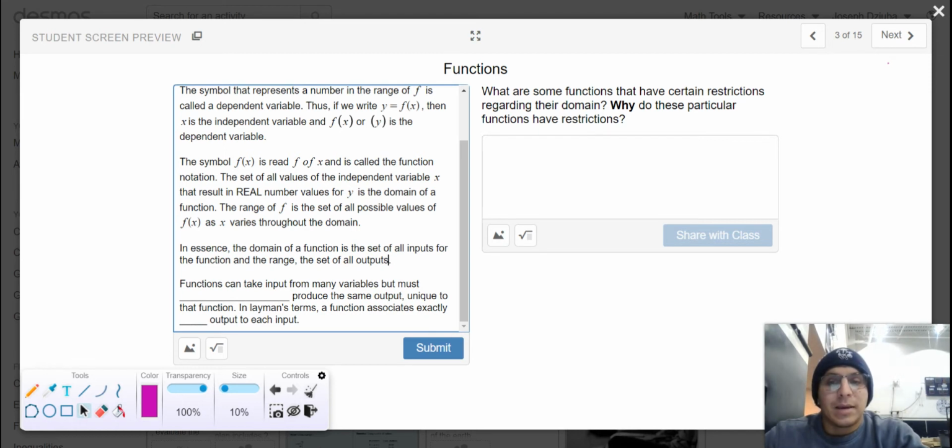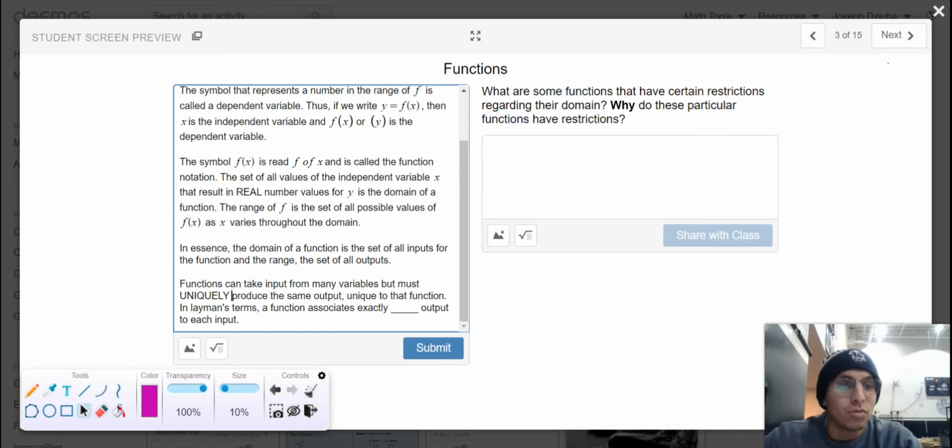Functions can take inputs from many variables. What we mean by that is there are many different inputs that we can substitute into a function, but they must uniquely produce the same output, unique to that function.